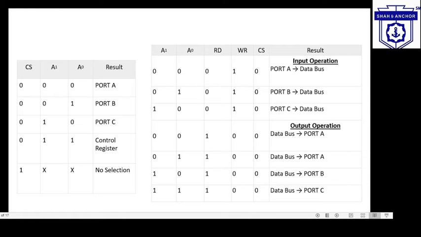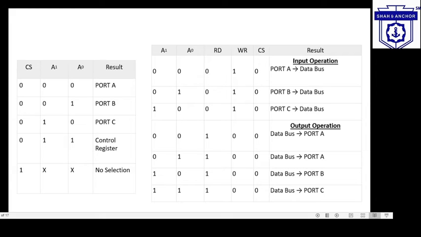On the slide, we can see the tables which decide or select the particular ports to perform the different operations. When you talk about the chip select pin CS, A0 and A1, what is the value?